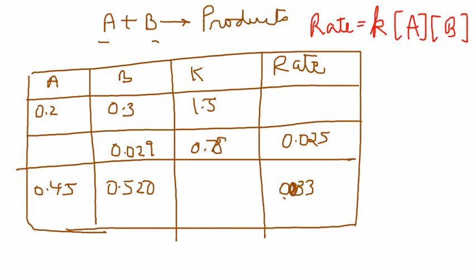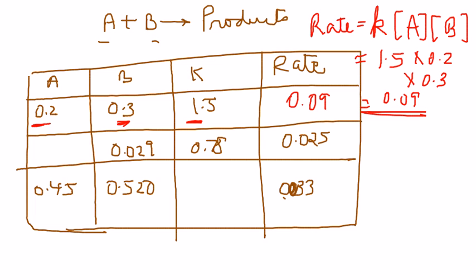So all you got to do now is plug in the values of A, B, and K so you can determine the value of rate. So I'm going to plug in 1.5 liter per mole per second times 0.2 times 0.3, and when you run the math, I'm getting a value of 0.09 moles per liter per second.